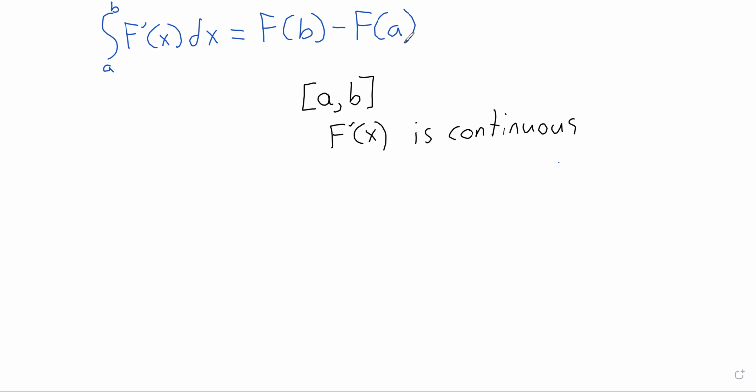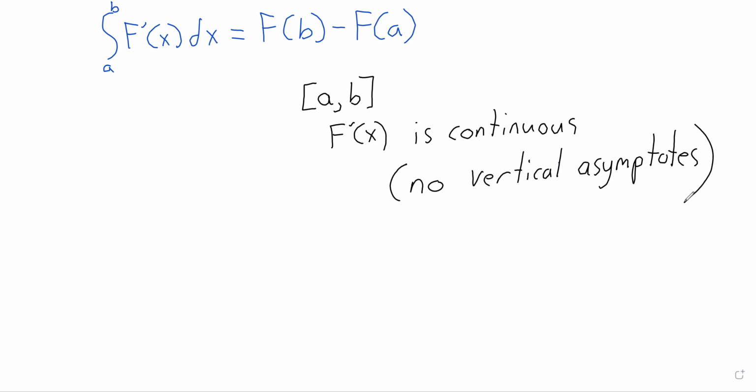And the thing we're going to relax at any rate, as part of being continuous, it shouldn't have any vertical asymptotes.